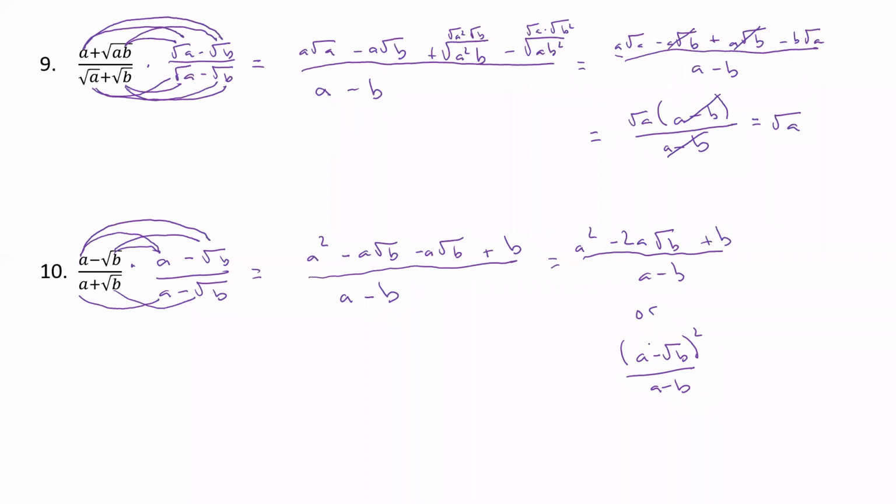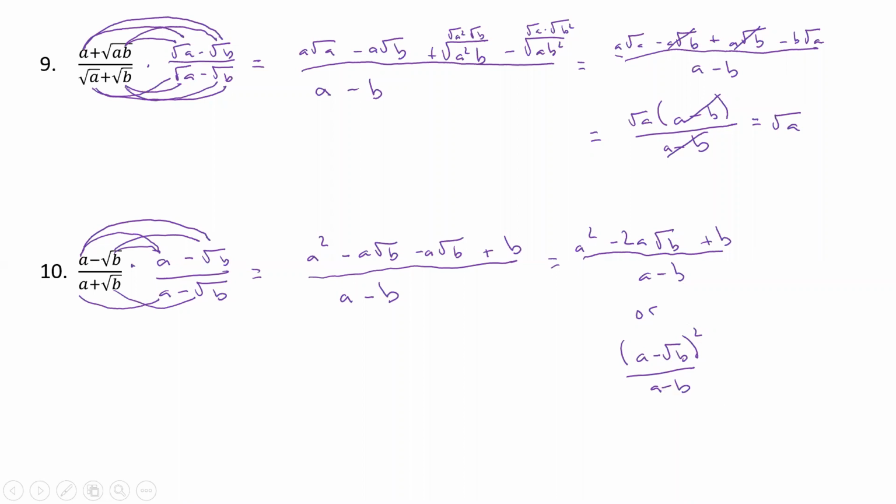Or if we see this, we have this one and this one, those are the same. So that's really just that quantity squared over a minus b. Nothing can reduce here either. And so I think either one of these options is good for an answer. So whatever you come up with, as long as you have the right numbers when you've squared it, you have one here and one here, so you have a minus 2 here, and then you took the square root times square root, just got the b here, then that would be fine. Or if you saw at the beginning that term times that term is just that term squared, and then over our denominator of a minus b.